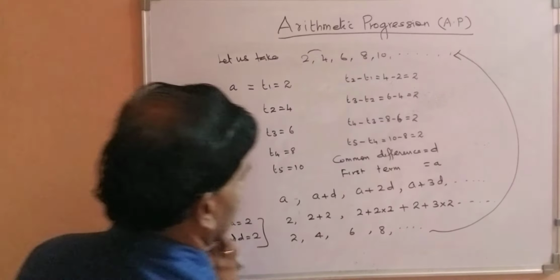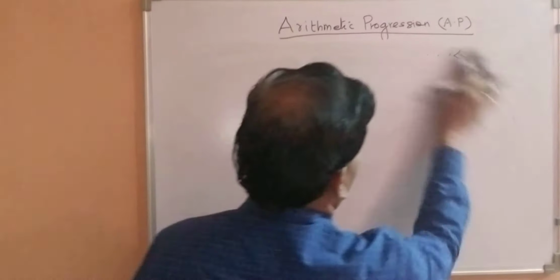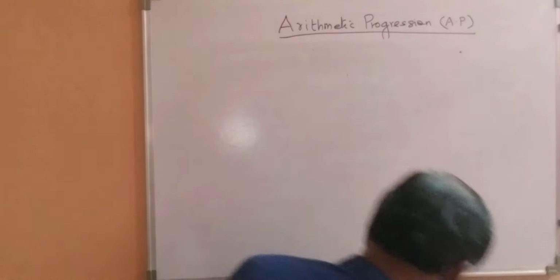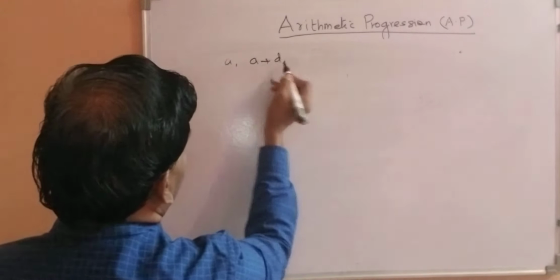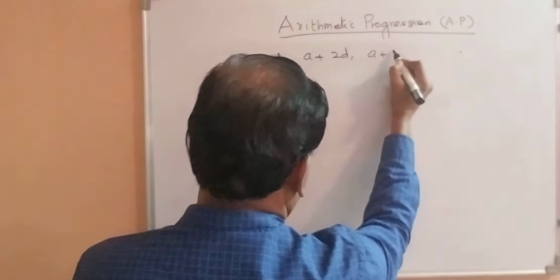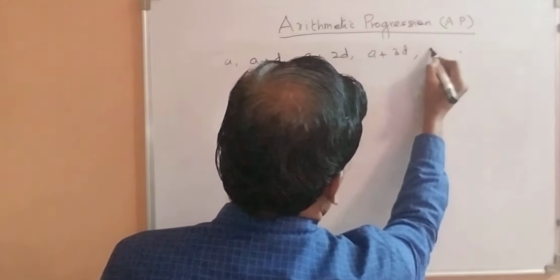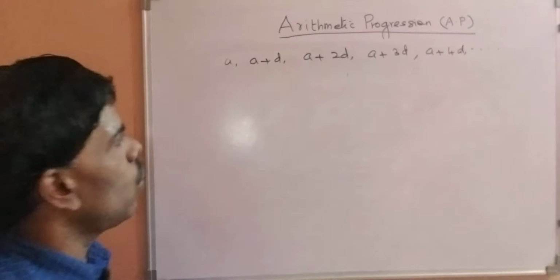Now, I will tell you what is that. A, A plus D, A plus 2D, A plus 3D, A plus 4D, etc. Now look at this.